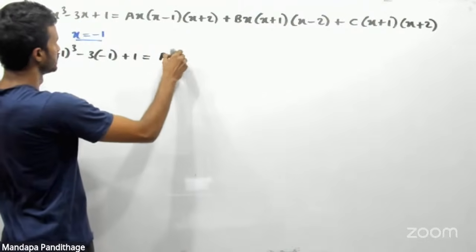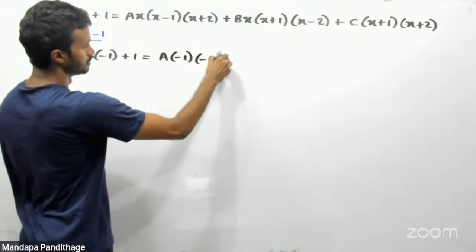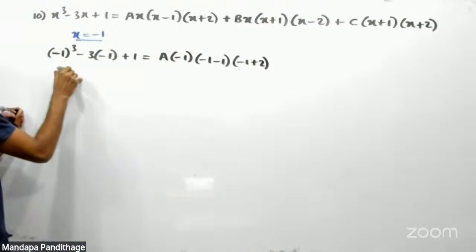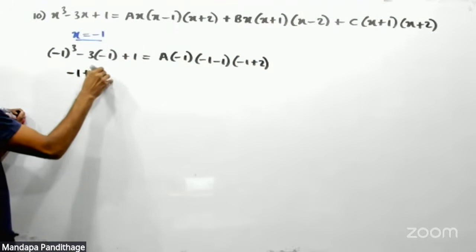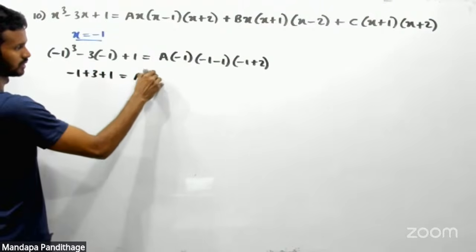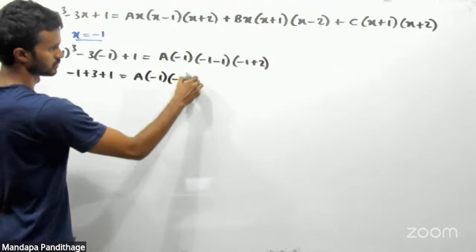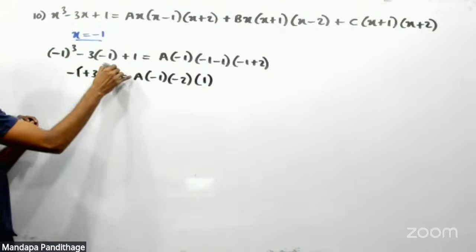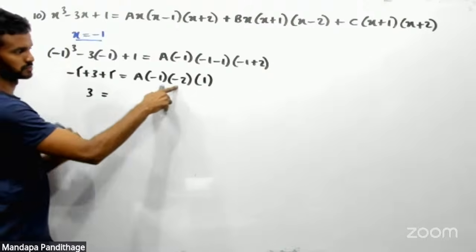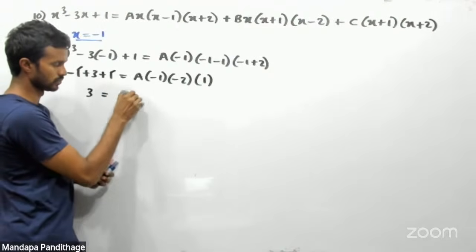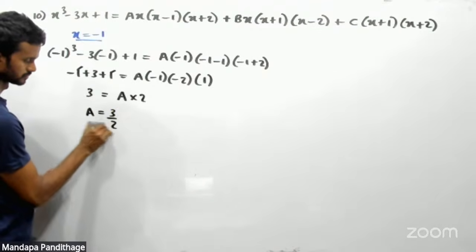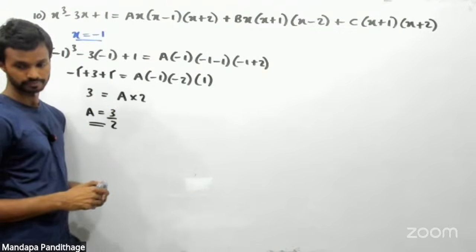And here, a times (minus 1 minus 1)(minus 1 plus 2). So minus 1 plus 3 plus 1 is equal to a into minus 1 into minus 2 into plus 1. Which gives you, these two cancel off, it's 3. So minus minus gives you plus, a into 2. So what is a? a is equal to 3 over 2.